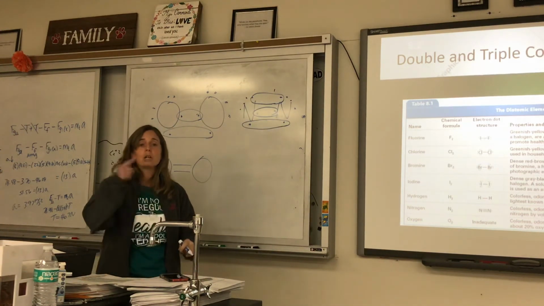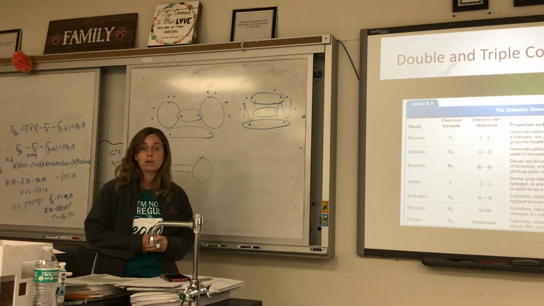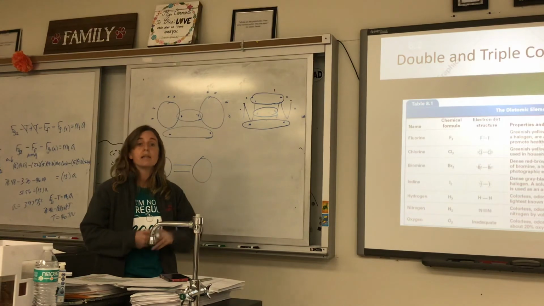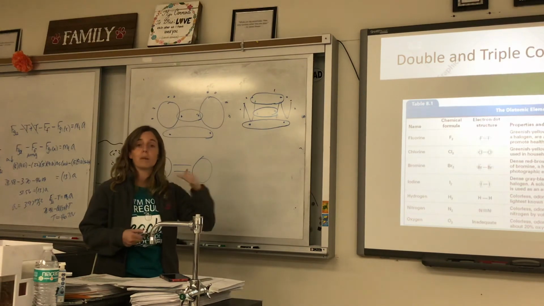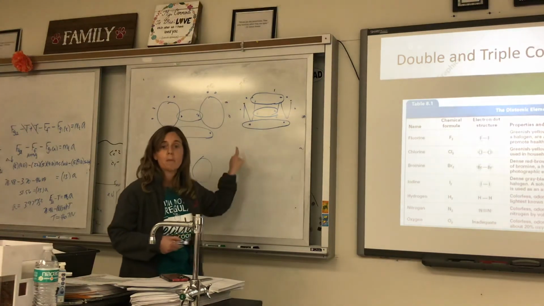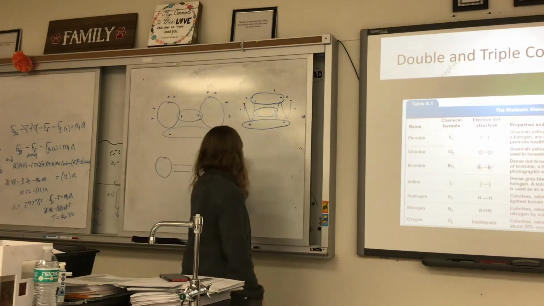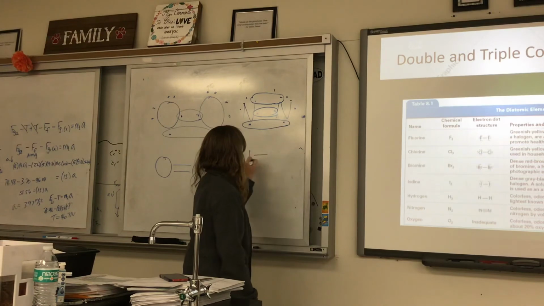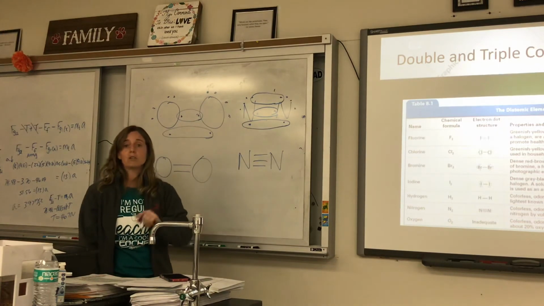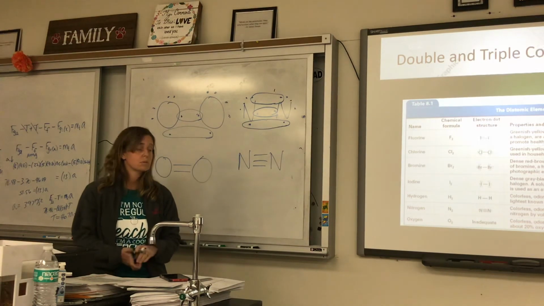Because each nitrogen needs 3 electrons. So if each nitrogen needs 3 electrons, then they have to share a total of 3 bonds, okay? Because you're going to share between them. They're going to travel back and forth across the bond. So now when I write nitrogen, I'm going to write it with 3 lines, meaning each nitrogen's getting 3 electrons, okay?